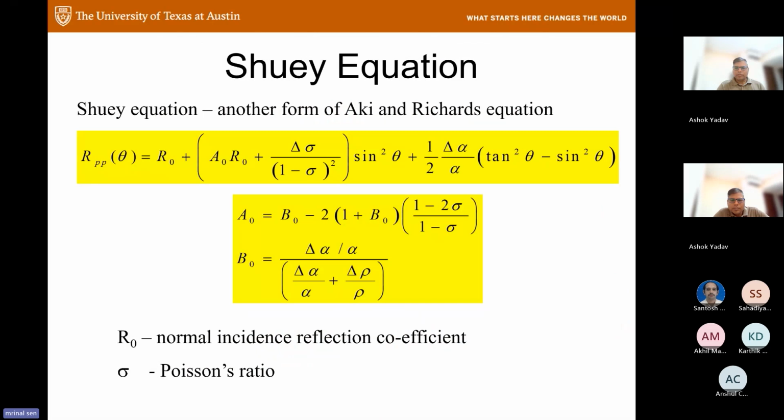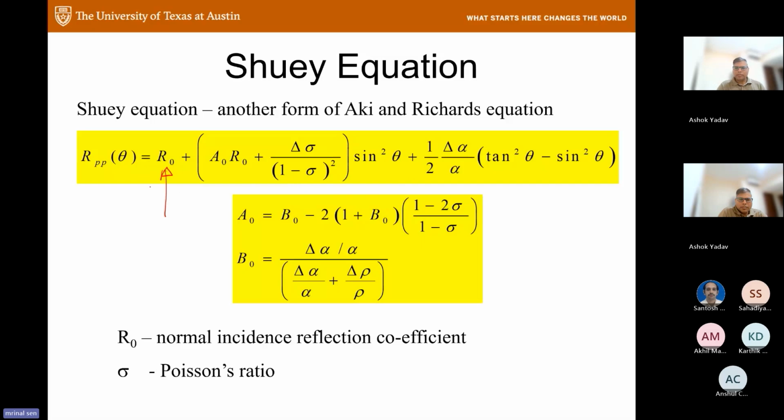Then Shuey came up with his own form of linearized version of reflection coefficient, and this became actually quite popular because he wrote it like this. Now, the first term is the normal incidence reflection coefficient, and then there are some angle dependent terms.